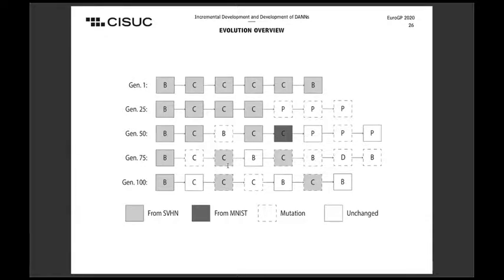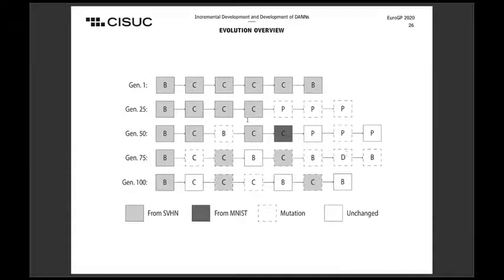We focus on a particular run, and for that run we analyze how the structure of the feature layers is evolving. The letters B, C, P and D correspond to layers: B corresponds to batch normalization, C to a convolutional layer, P to pooling, and D is a dropout.